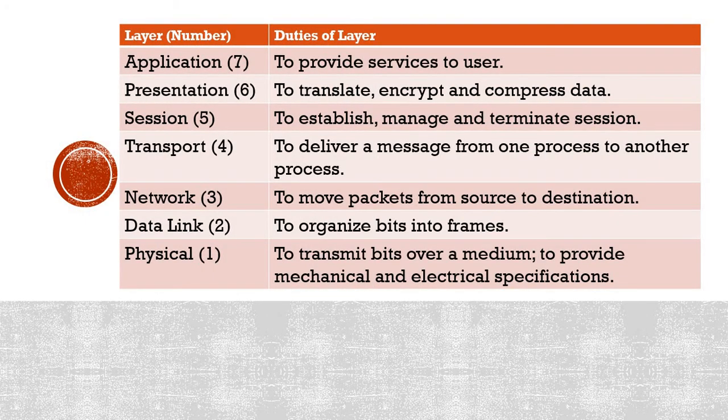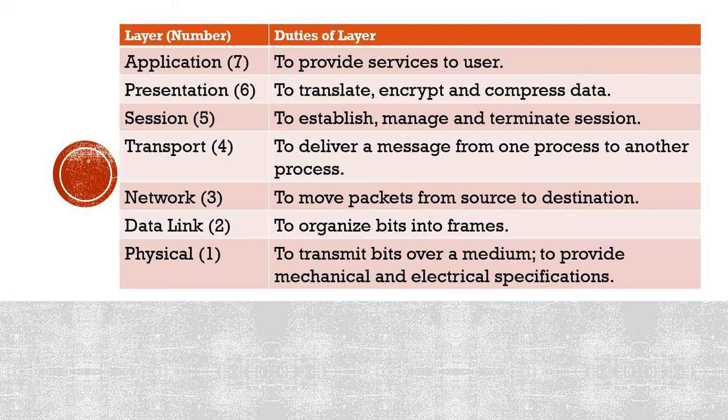So these are all the layers and their duties. Seventh layer, the application layer, provides services to the user. The presentation layer translates, encrypts and compresses the data. The session layer establishes, manages and terminates sessions. The transport layer delivers the message from one process to another process.